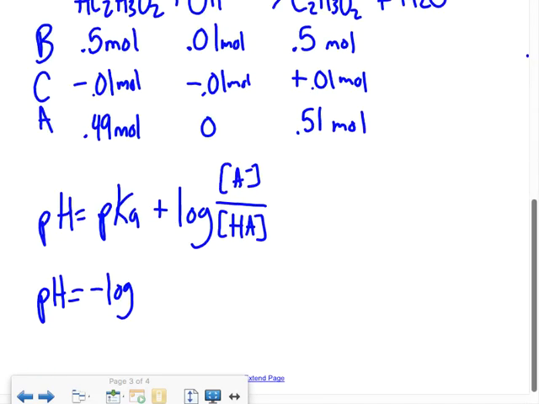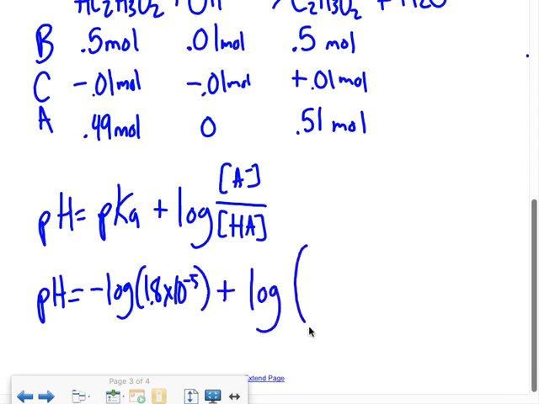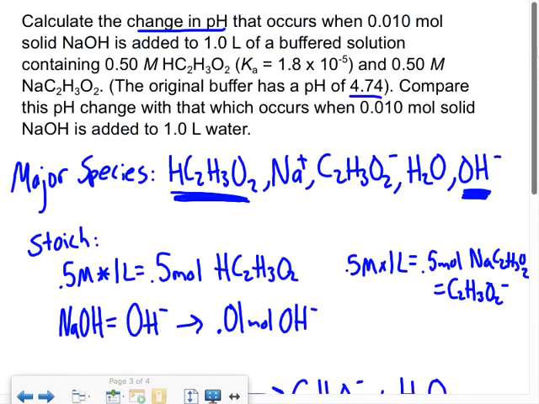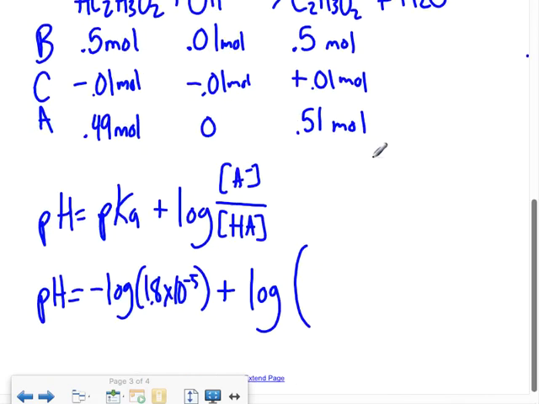And for the molarities of the base and acid, well, we know the moles of base and acid, and we also know that we had a 1 liter solution, so the moles per liter is equal to the molarity. So our base is 0.51 moles in 1 liter, which is 0.51 molarity, and 0.49 moles in 1 liter is the molarity of our acid.